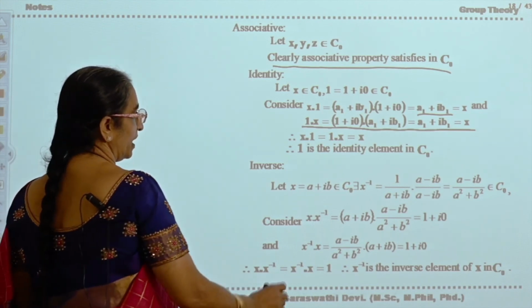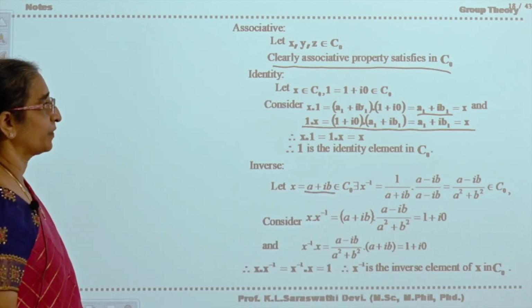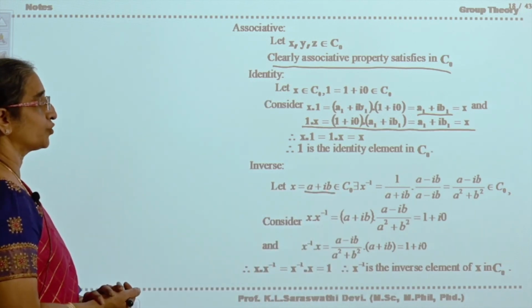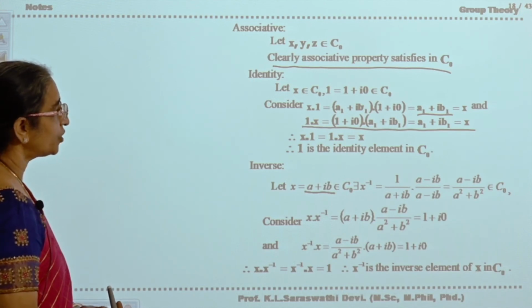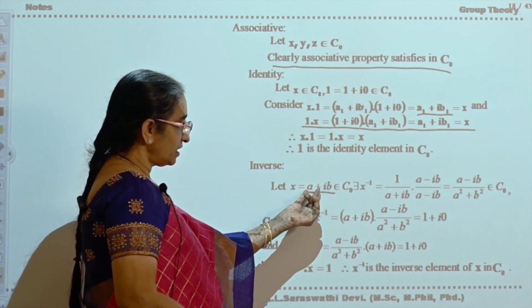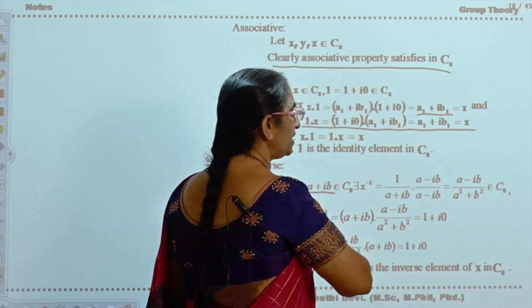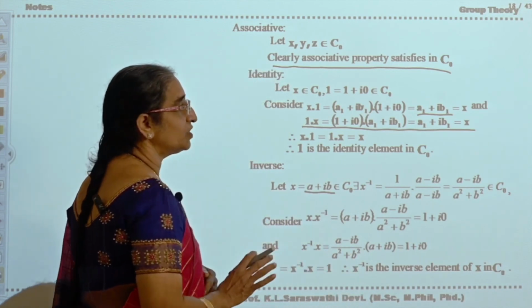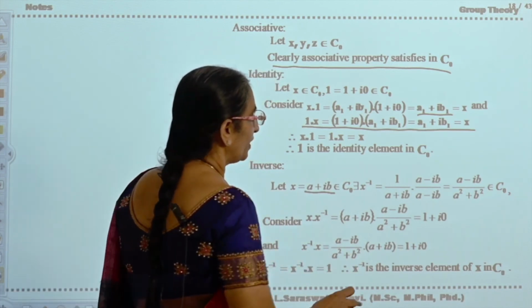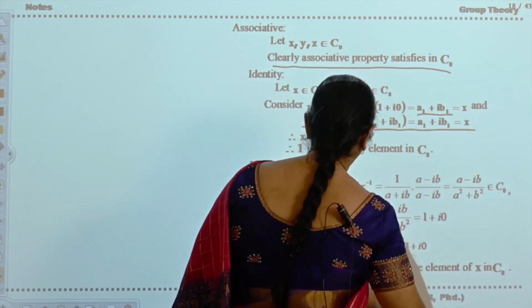Similarly, let x be equal to a plus ib. What will x inverse be? Now you have to find x inverse. In order to find it, you write this as 1 by a plus ib into a minus ib by a minus ib. There is no change. So a minus ib by a square plus b square belongs to C naught.